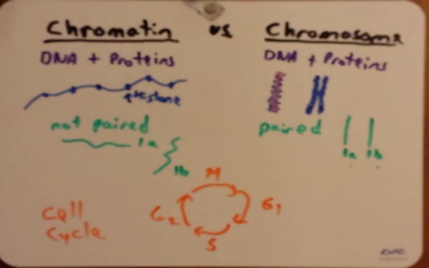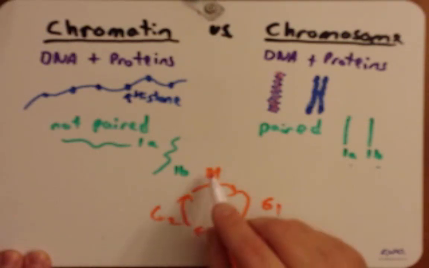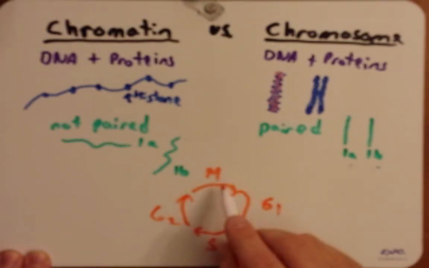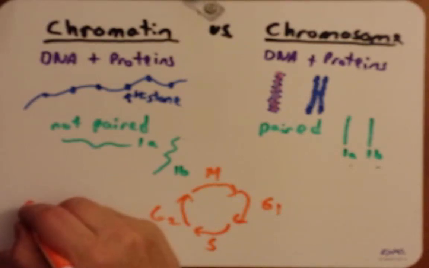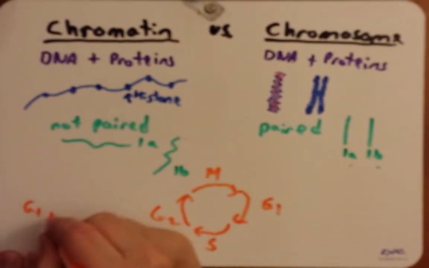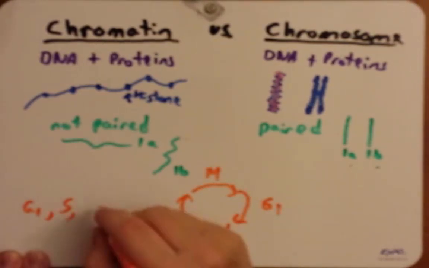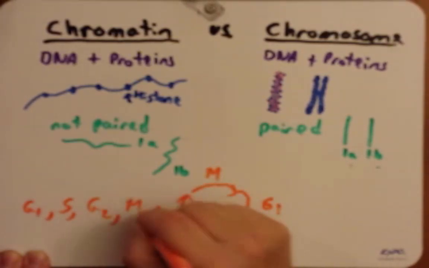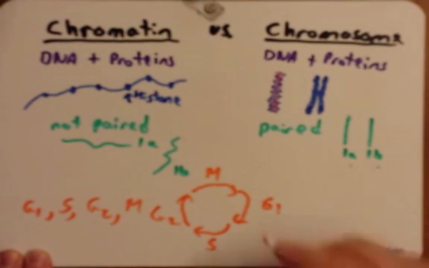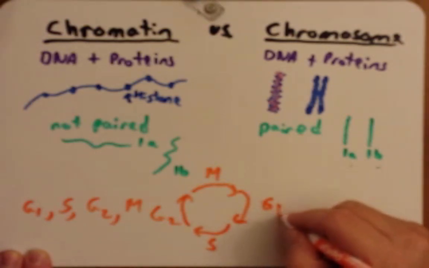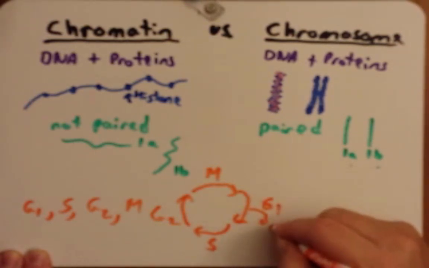So the point I want to make here about chromatin and chromosomes related to the cell cycle is that chromatin is found throughout the cell cycle in G1, S, G2, and to some extent in M. So let's go ahead and write that over here. G1, S, G2, and to some extent in M. It's also found in this other part of the cell cycle that I didn't mention, and that's called G0.